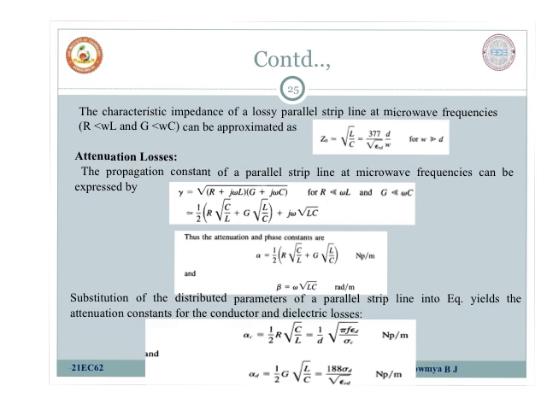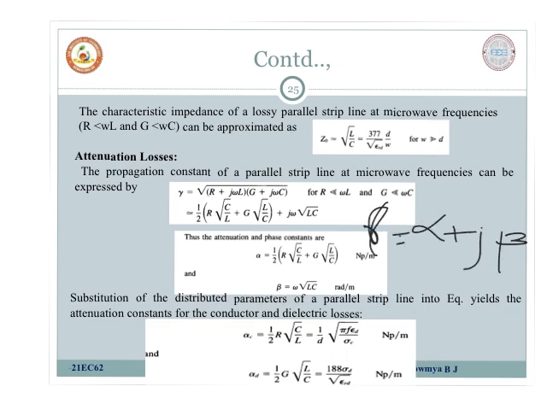Therefore, the attenuation and phase constant, that is alpha and beta, because gamma, the propagation constant, is a combination of alpha and beta, that is gamma equal to alpha plus j beta.